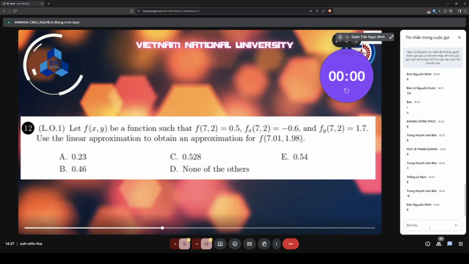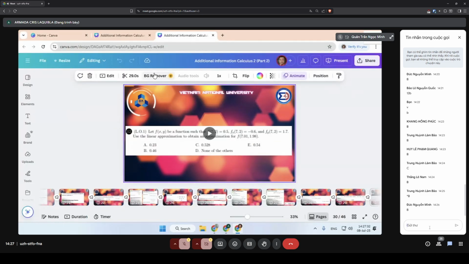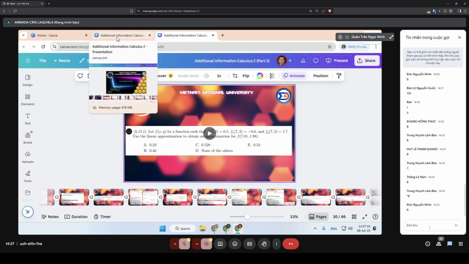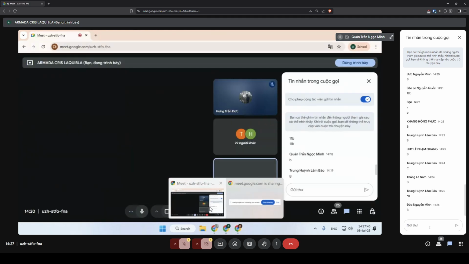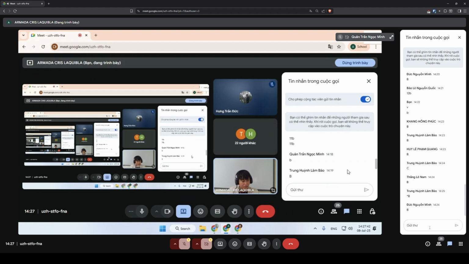Thumbs up. What's your answer here? That's linear approximation. It's chapter 1, part 3 there. What's your answer?